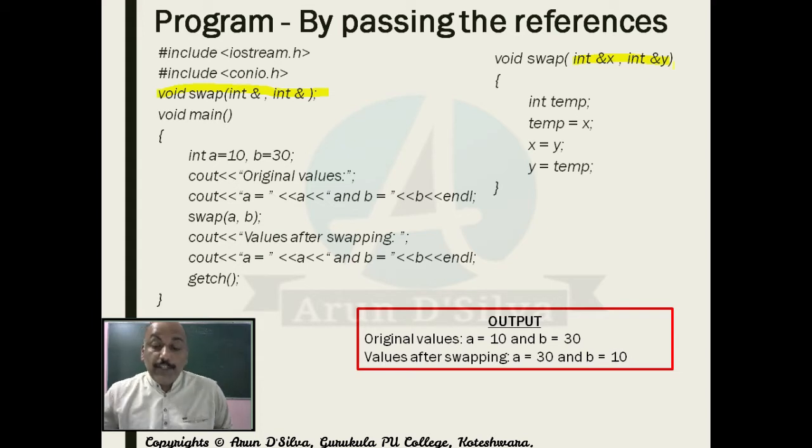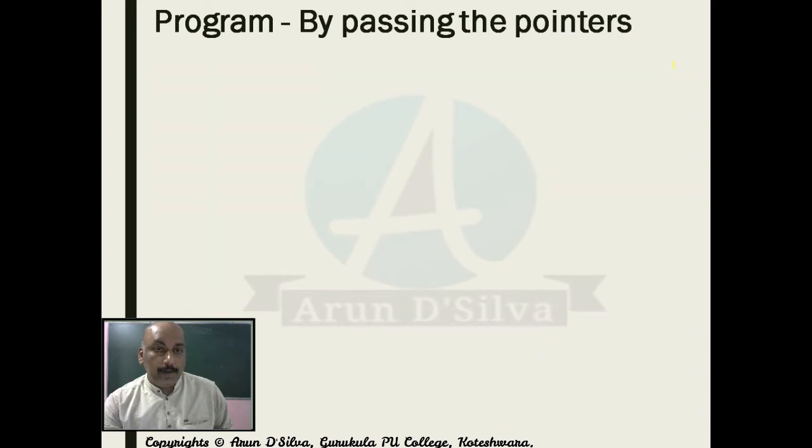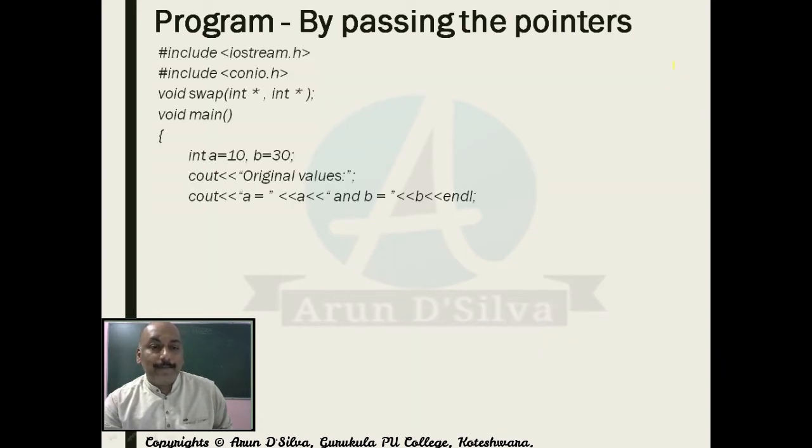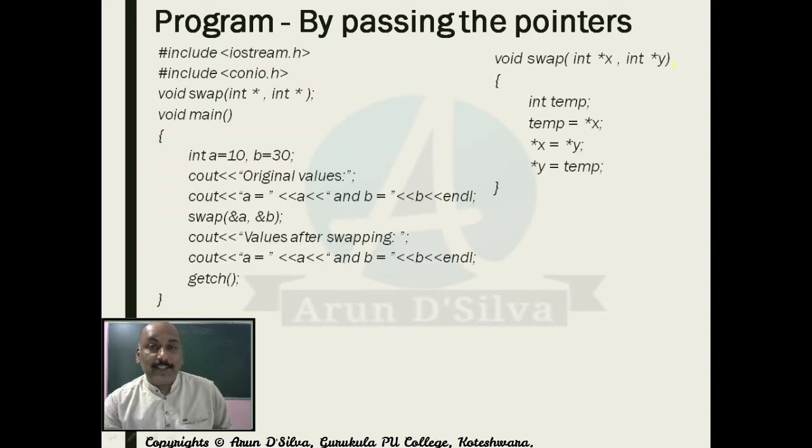Now let me show you the third method, that is passing by pointers, called call by address. Same program, I did not change even the function, but here is what I have changed. See here the function declaration. For passing by pointers, you have to make use of pointer star.